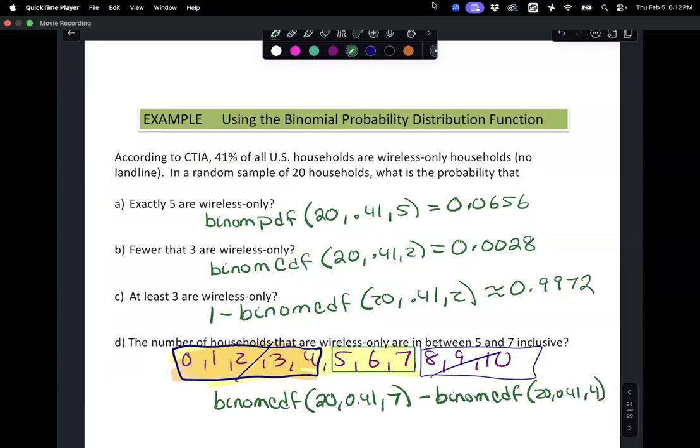I'm subtracting off the 0, 1, 2, 3, 4. So I'm going to flip over to my calculator. I'll give you a second to write it down. Then I'm going to flip over to my calculator and show you. Make sure you can write it down first.